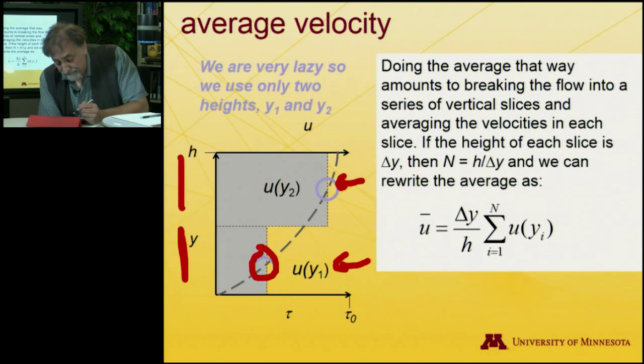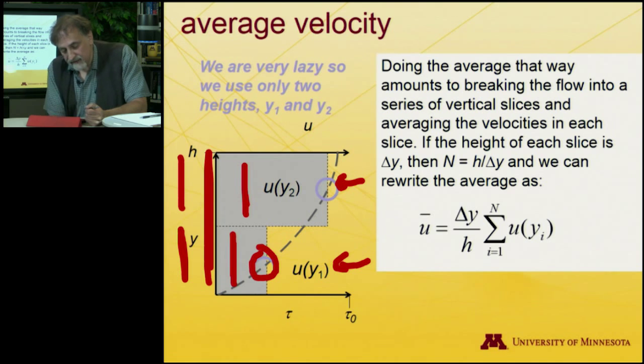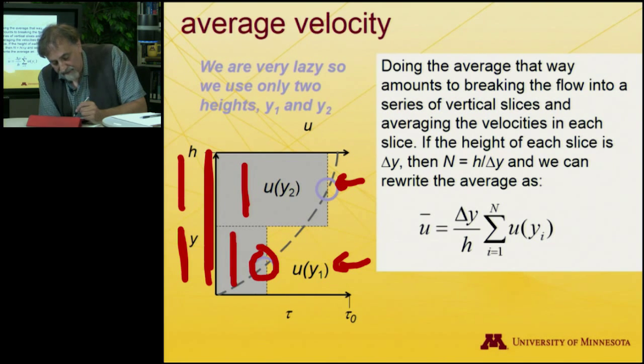And we can picture what we've done as dividing the flow into these 2 segments that we represented with their average velocities. And if we think about it this way, we can replace the n, the number of velocities that we averaged, with the total height of the flow, so that's given here, the depth, divided by the thickness, or the height of these 2 segments. So the height is delta y for each segment.